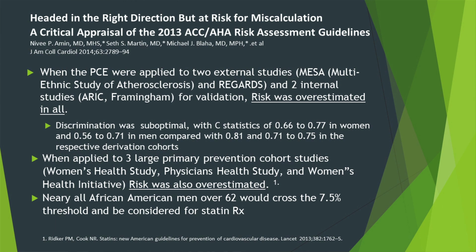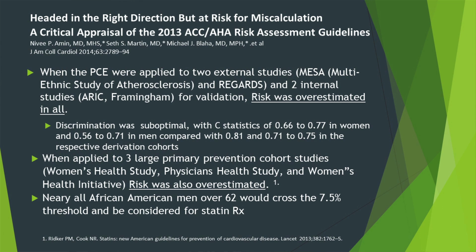There's another study also done in 2014 where they actually compared it to 2 external cohorts. One of them, the MESA study, which was a multi-ethnic study of atherosclerosis, a really large study, which also looked at other races. And they found the risk was significantly overestimated in all of these patients. The discrimination was suboptimal, where it went down to 0.56 in some of the cohorts, which was not much better than a coin toss, as I mentioned.